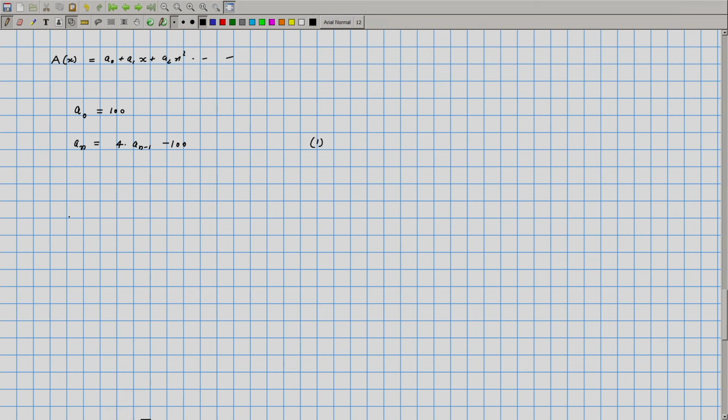If we multiply both sides by x raised to n, we will get a n x raised to n is equal to 4 a n minus 1 times x raised to n minus 100 x raised to n.